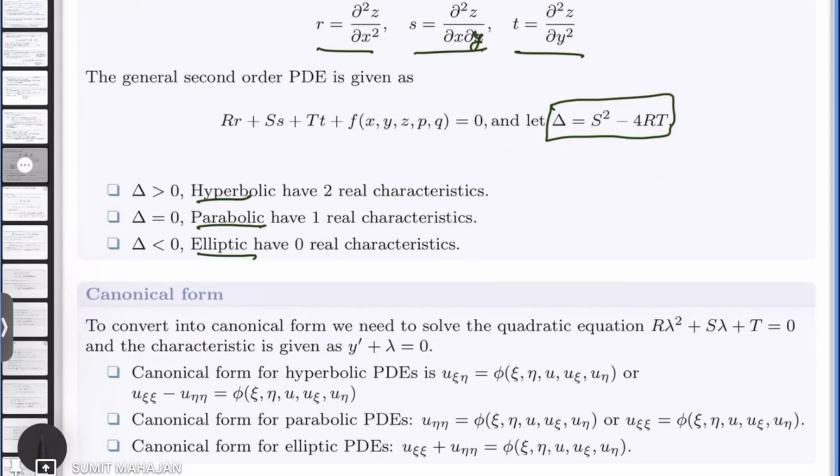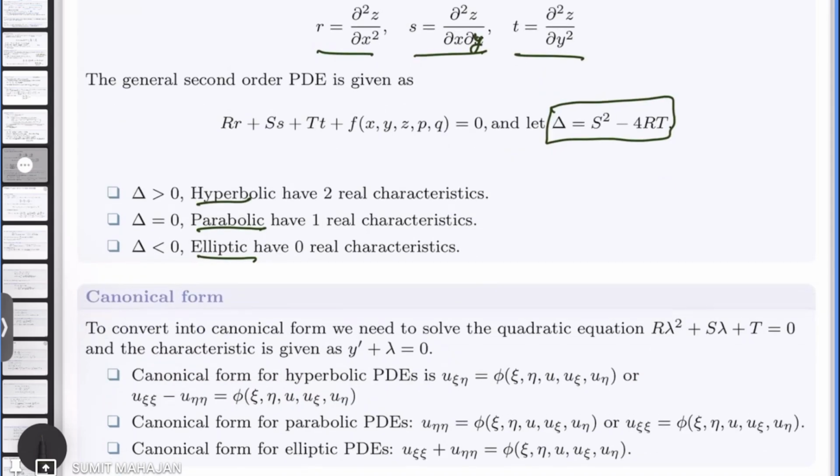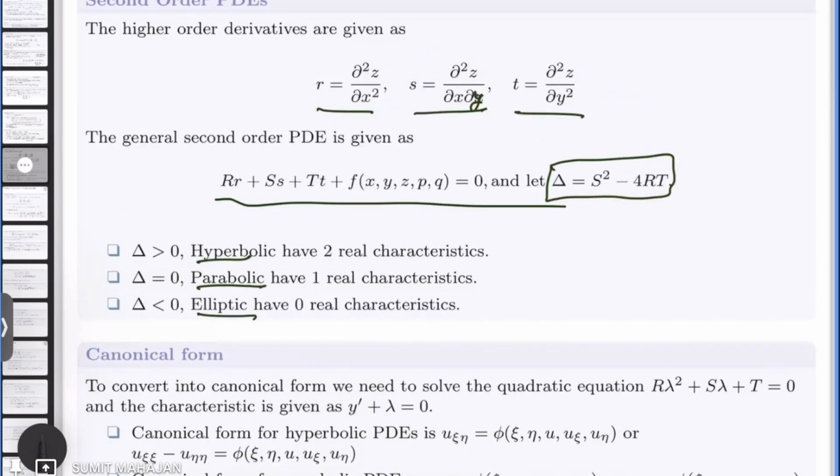So basically these characteristics are useful because solving this equation directly is very difficult. So what we do, we transform the differential equations depending on their classification to their canonical forms. Canonical forms are just an improved version of this differential equation which are comparatively easier to solve.